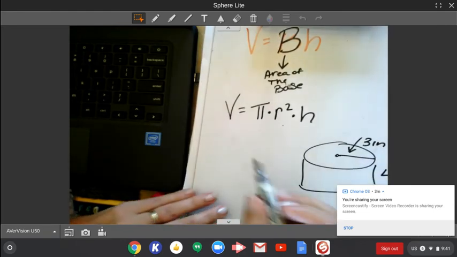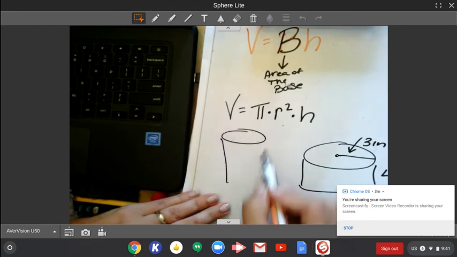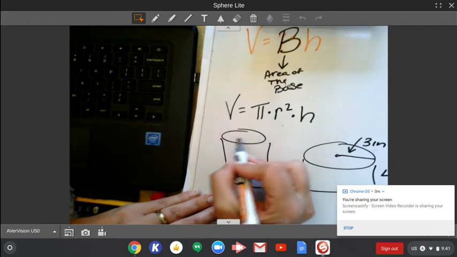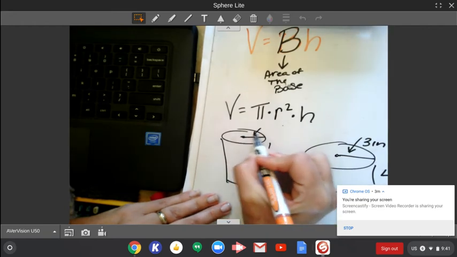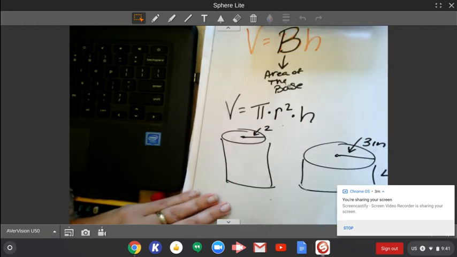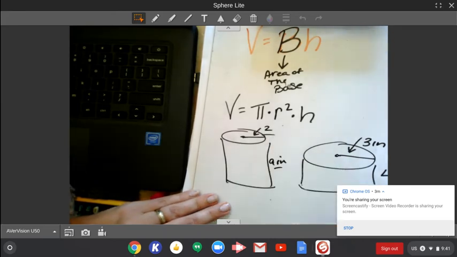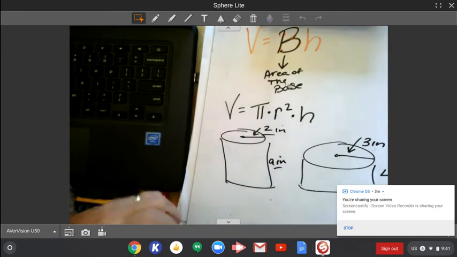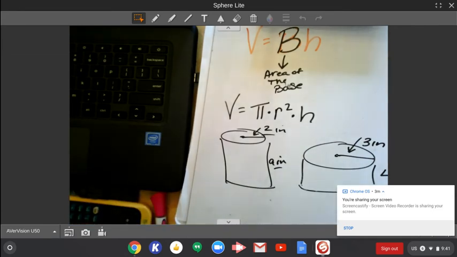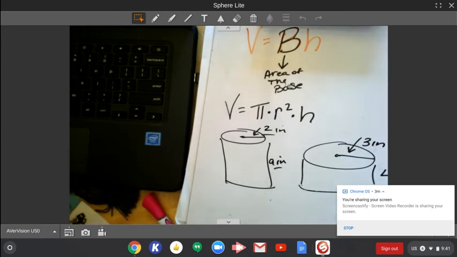The taller container had a diameter of 4 inches. So I'm going to put that the radius is 2 inches and the height was 9 inches. Now obviously the cans are really not 9 inches and 2 inches. I'm using an example from the book, but think about it. Just trying to help.